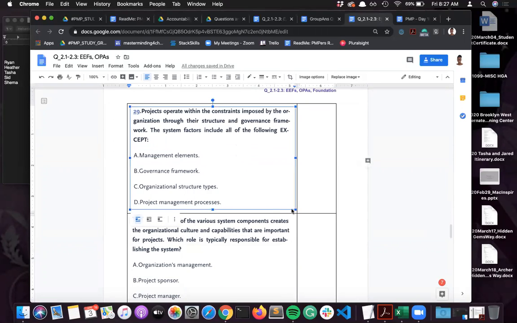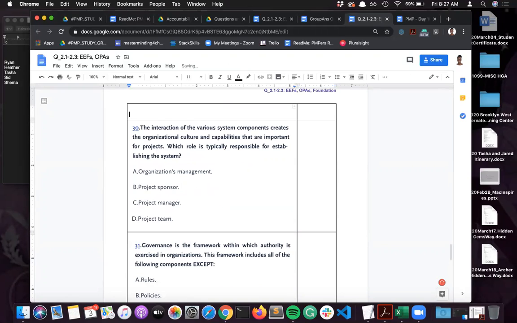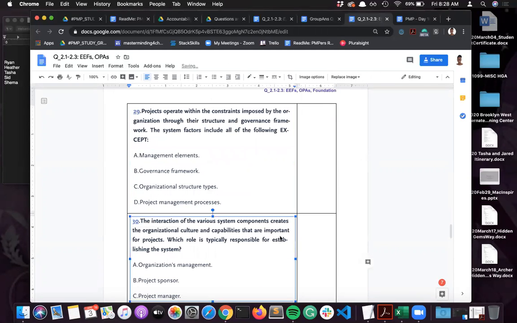Sid. All right. Projects operate within constraints imposed by the organization through their structure and governance framework. The system factors include all of the following except A, management elements, B, governance framework, C, organizational structure types, D, project management processes. Okay, the system factors, all except.